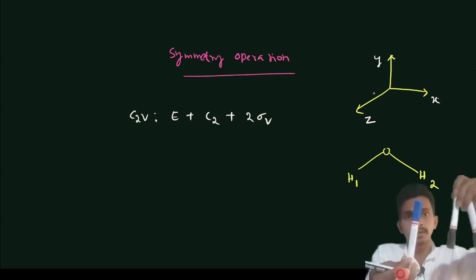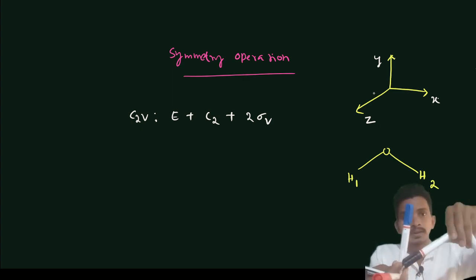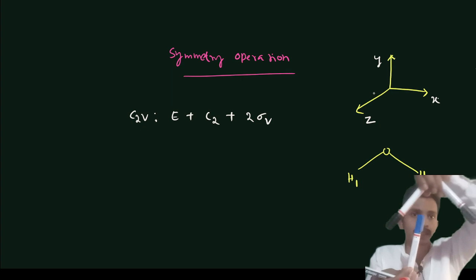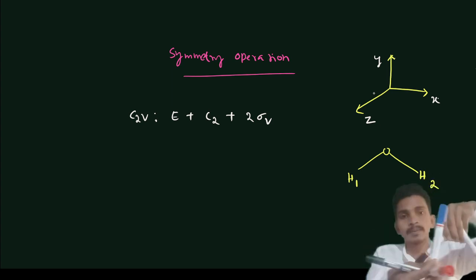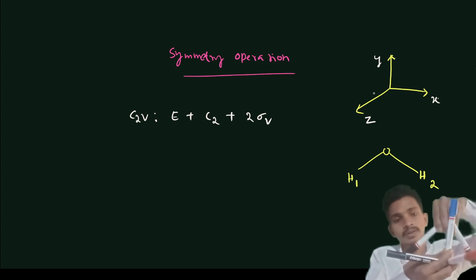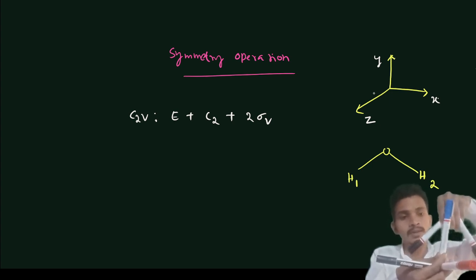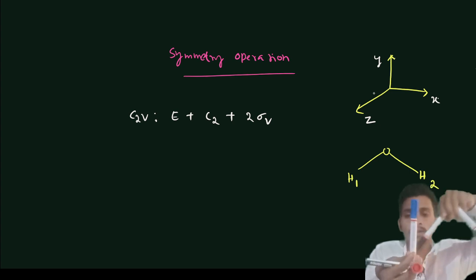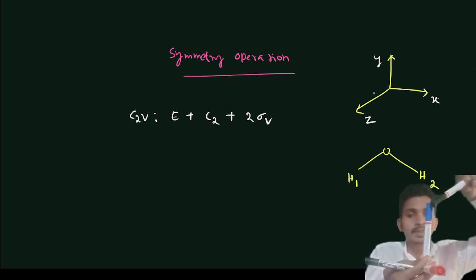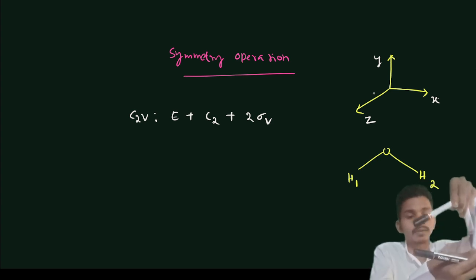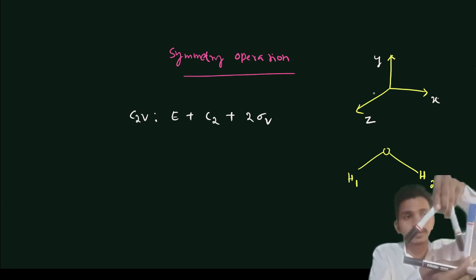So let's say this is the water molecule. Then in which axis do I have to rotate? If I put the water molecule like this, with this as the y-axis and this as the x-axis, since the water molecule is planar, I put it like this.